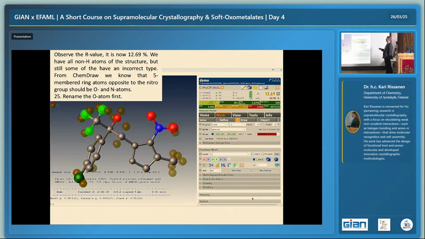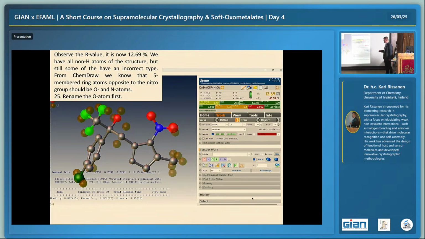So observe our value. We have all the non-hydrogen atoms, but some are still of incorrect type. From the ChemDraw, we know that the 5-membered ring atoms opposite to the nitro should be O and nitrogen. And now they are carbons. If I have to make a guess, if we put a carbon here instead of an O atom, it will have too much electrons for a carbon, and it moves less.